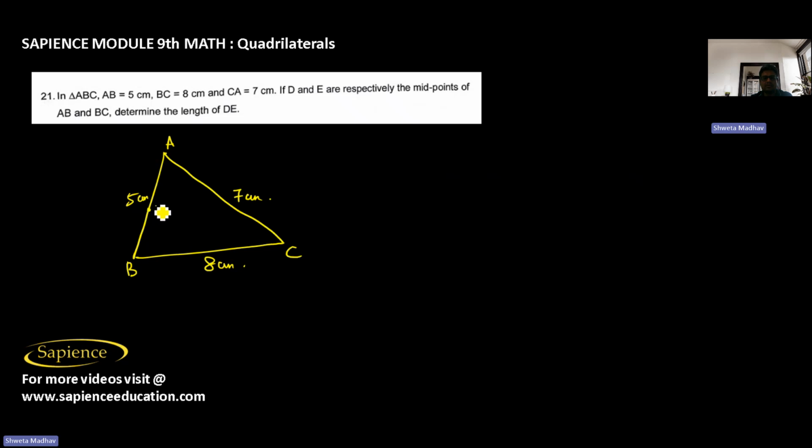So D is the midpoint of AB and E is the midpoint of BC. Then find the length of DE. So DE we can join.